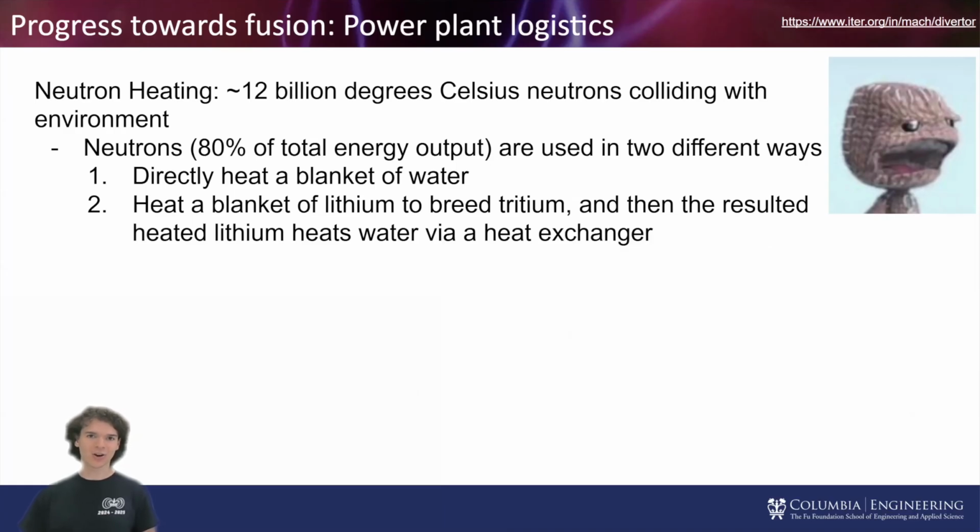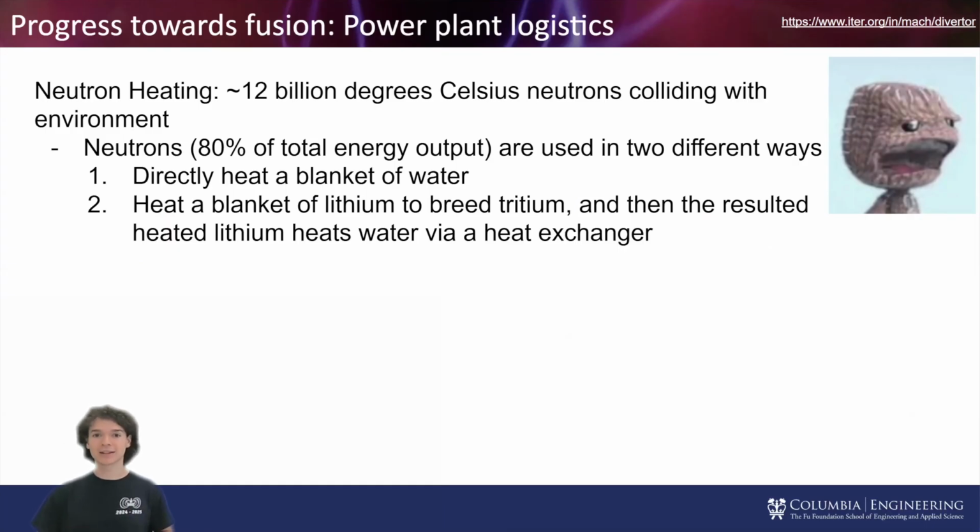And neutrons are extremely hot, almost 12 billion degrees Celsius, and they collide with everything around. They're not charged, so they fly through your device walls and through the magnetic fields. They don't get affected much by that. The spin effects are not super important.